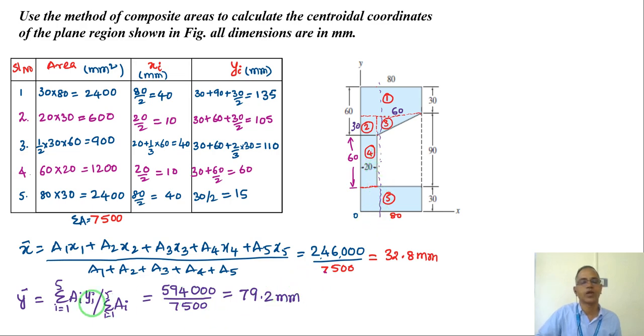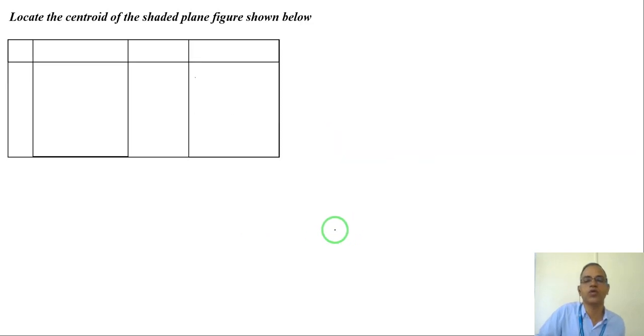But along the y axis it is 79.2, roughly 80. So total is how much? 90 plus 60, 150. So a little more than half, somewhere here. So this will be the centroid of the section. Very simple. Like this, slowly you can do that.